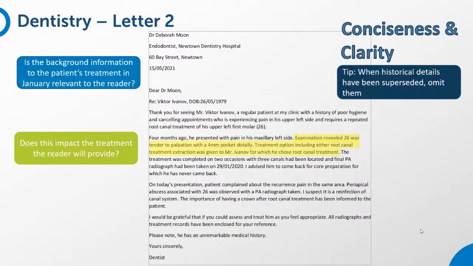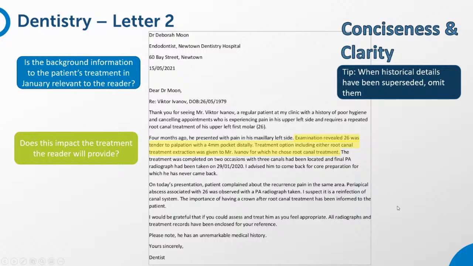So my tip for this question, which relates to conciseness and clarity: when reporting previous treatment appointments, consider which details have been superseded by the current situation and omit anything that is now not relevant.